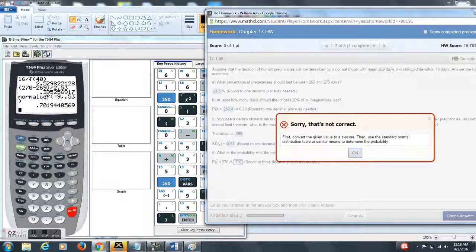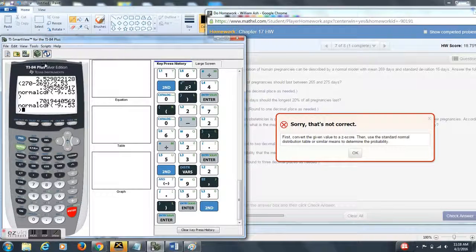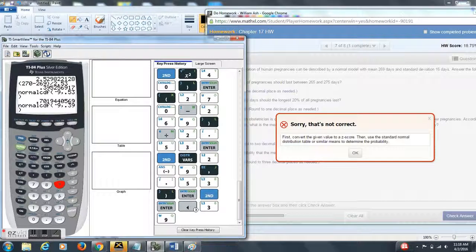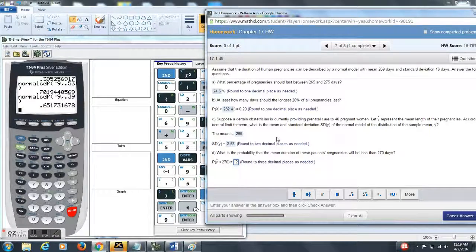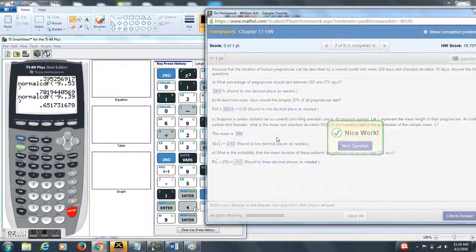It's 0.39. Sorry about that. I probably should edit that out, but I'm not going to. So it's 0.652. If I mess this one up, though, I will edit it out and make it look like I never messed up. There you go.